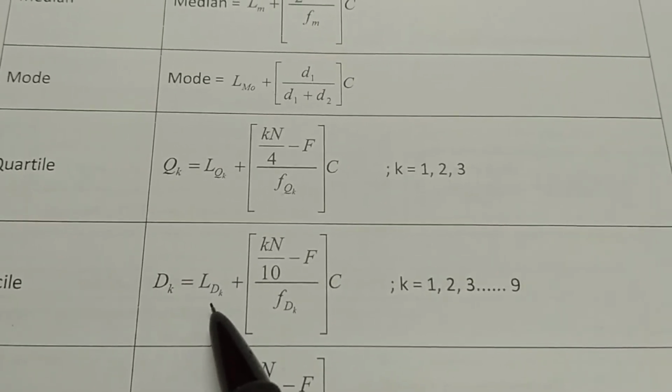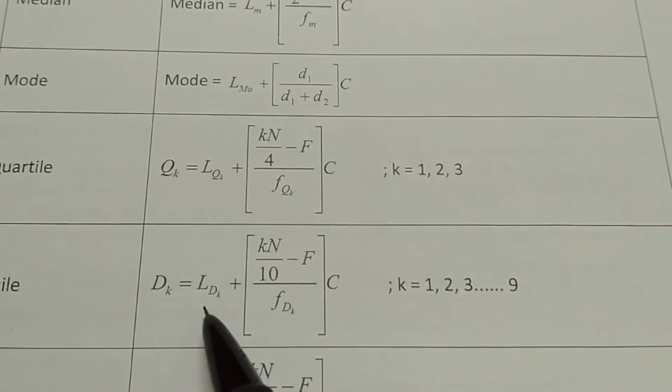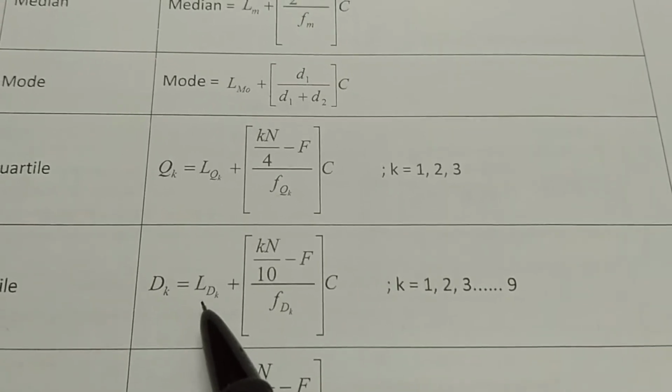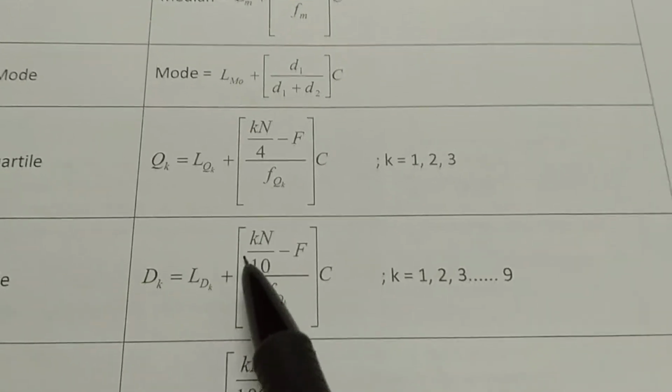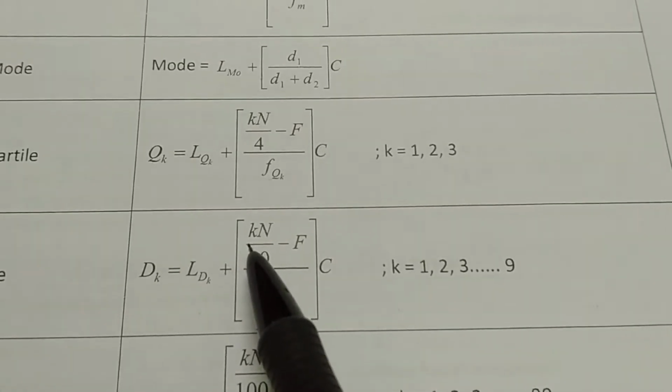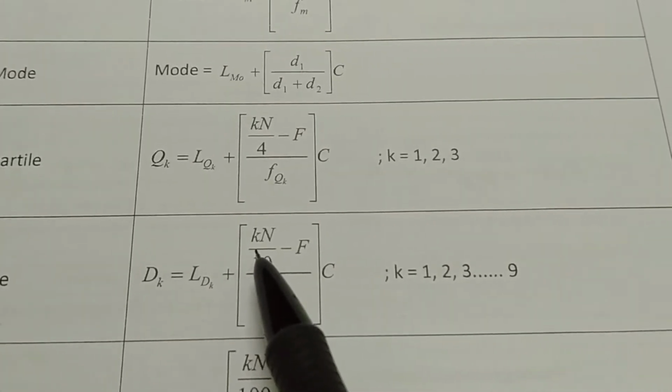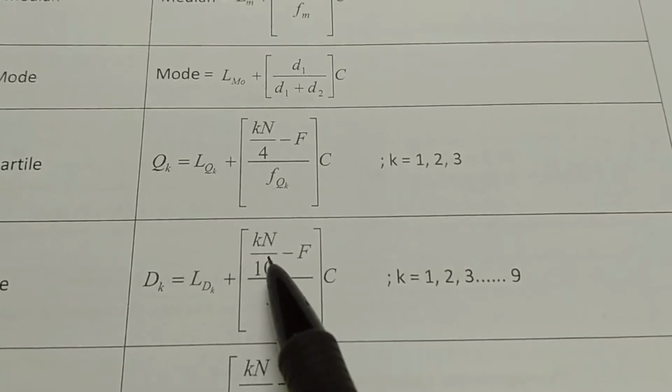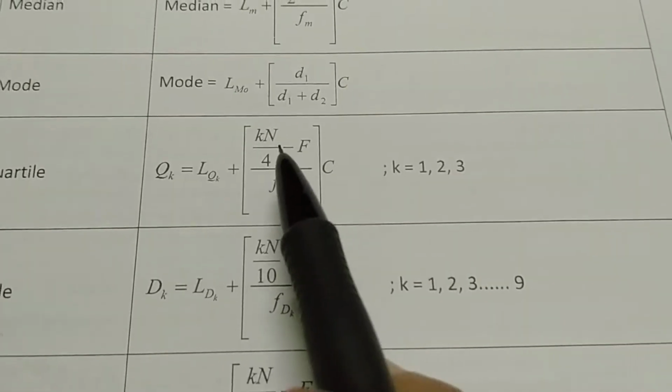So LDK is the lower boundary of the decile class plus K, which depends on which decile the question wants us to calculate, and then N is the total frequency.